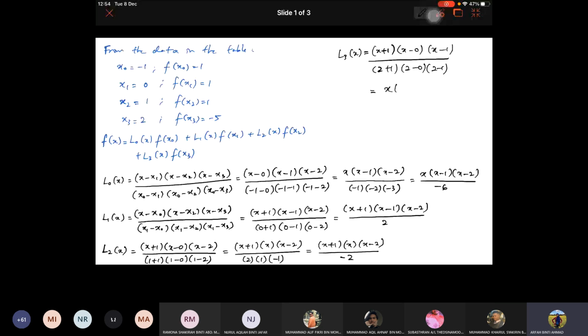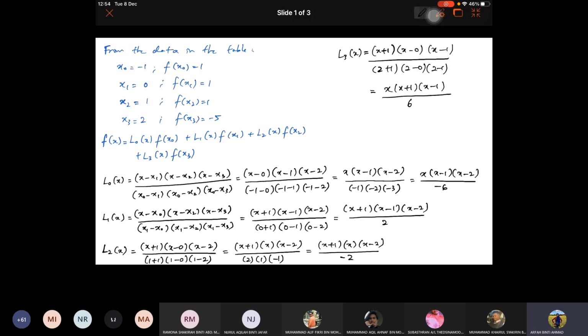Okay. X dikali dengan x tambah 1, x tolak 1 bahagi 3 darab 2, 6. Kan? Okay. So dapat L0, L1, L2, L3.